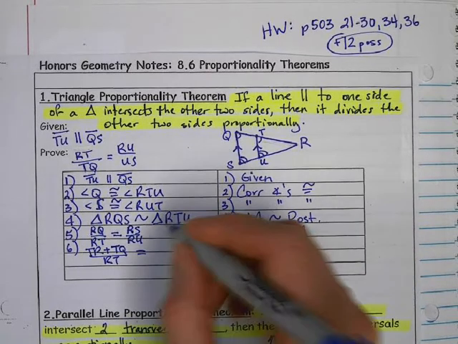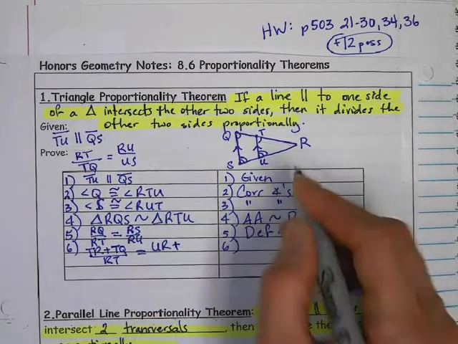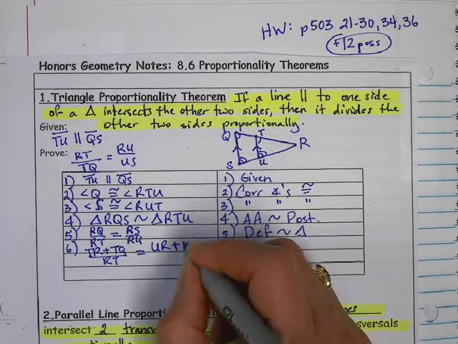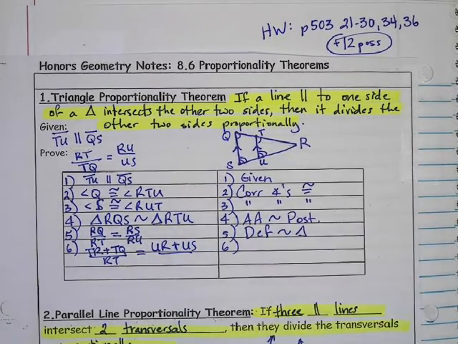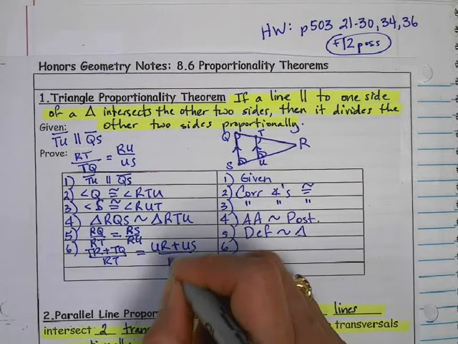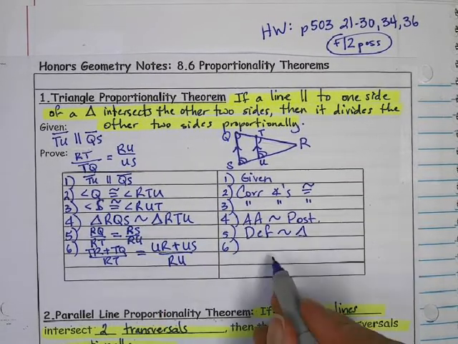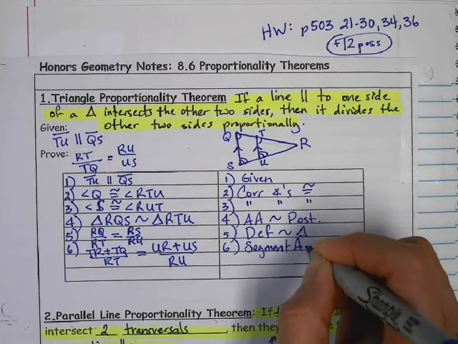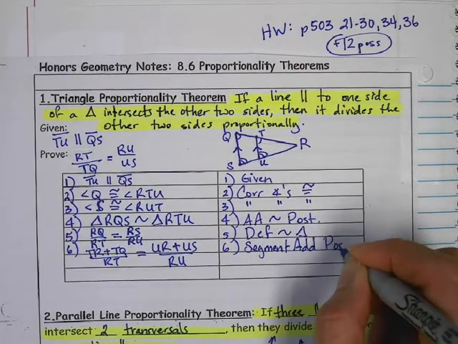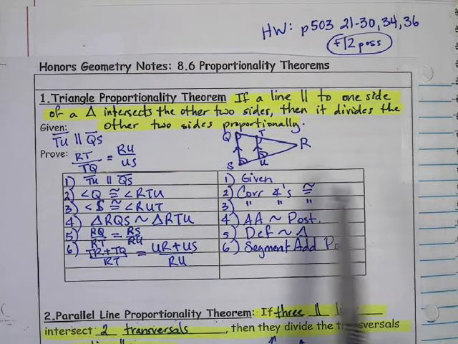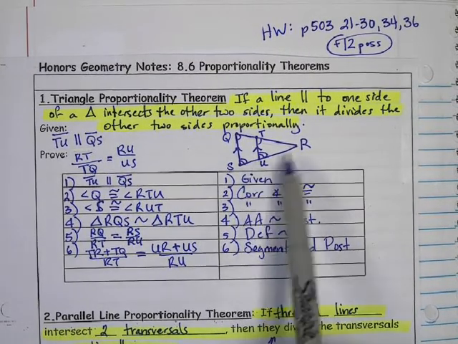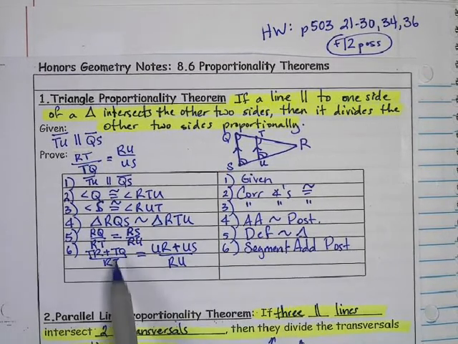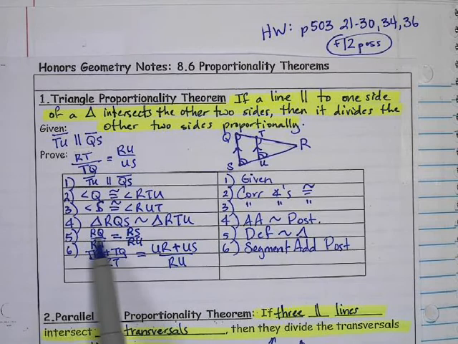That should be equal to UR plus US over RU. And that's basically just the segment addition postulate right there. The fact that we can take this segment plus this segment to get the entire segment. Now, look at what we just did here.